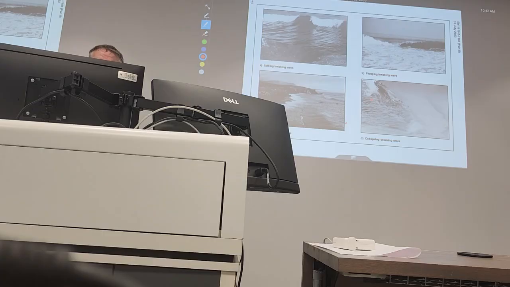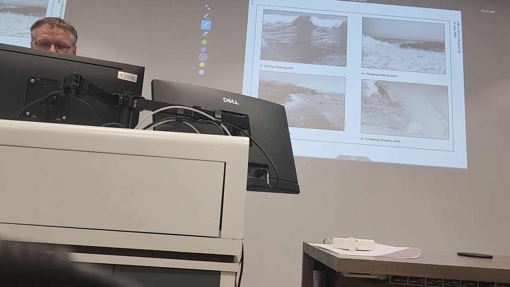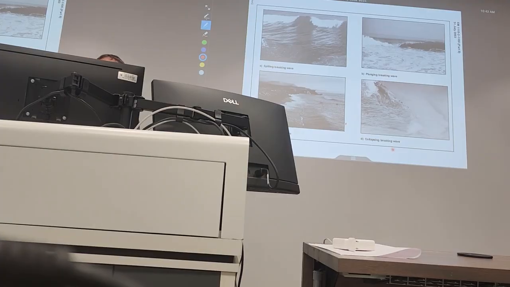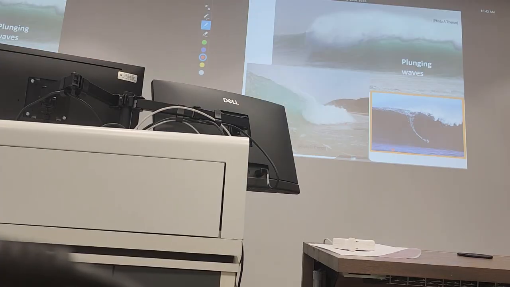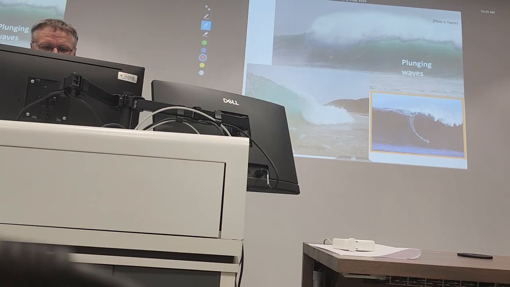You can see here a few pictures of a spilling breaking wave. So that's your spilling breaking wave, your plunging breaking wave, and this is the most common breaking that you'll get. Then there's the surging breaking wave, and also the collapsing breaking wave, which you very rarely see in practice. You can see once again a few photos of our plunging wave coming over there.